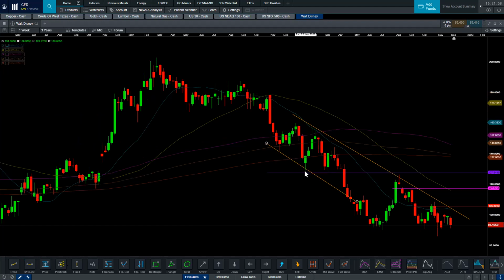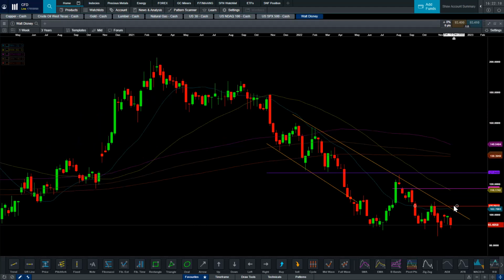And here is another scenario again. We have support, a break down, a backtest going down. So this is massive resistance, 127. I'm not sure if it gets there, but if it does, that's going to be good. This is a very conservative one. If you're long, put your stop there. First target is 105.